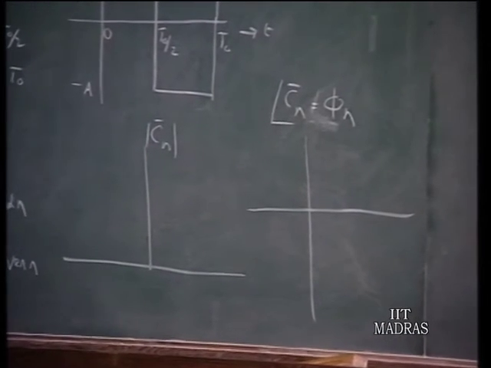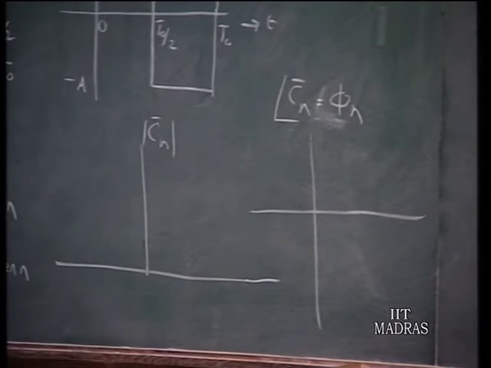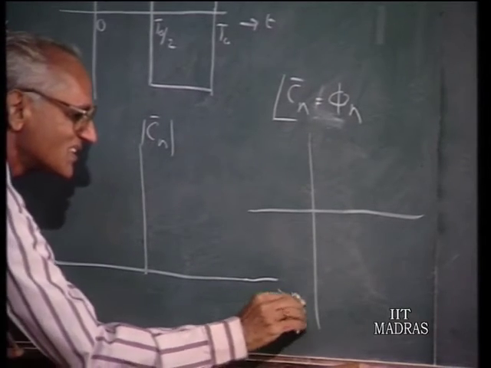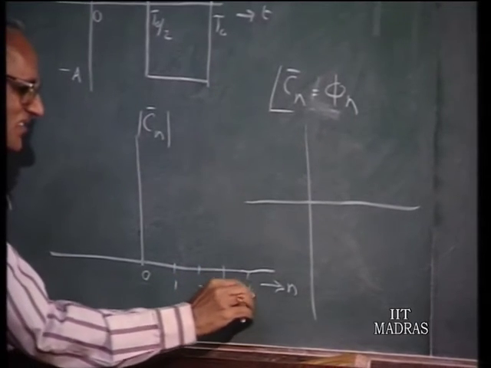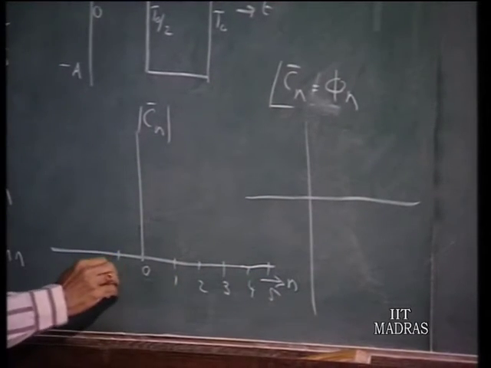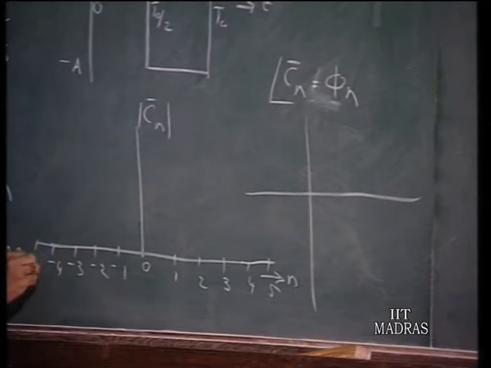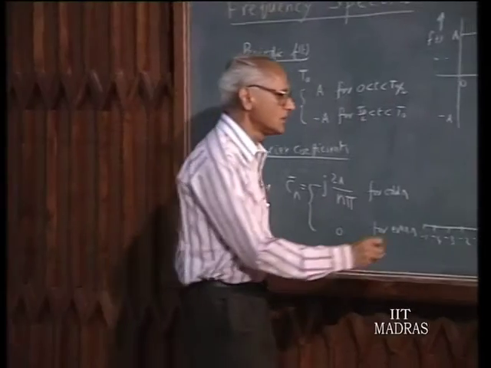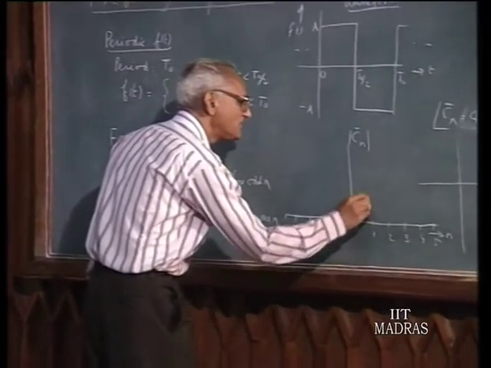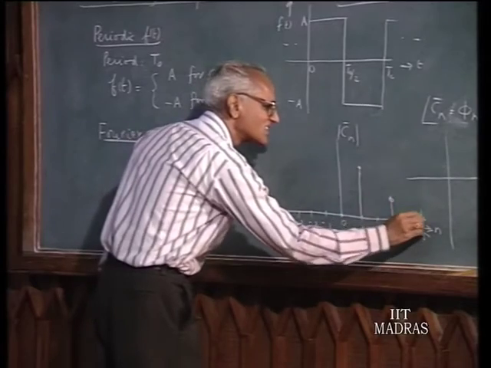So in this case, we can graduate the x-axis in terms of n or omega naught. Suppose you do it in terms of n: 0, 1, 2, 3, 4, 5, etc., and on the negative side minus 1, minus 2, minus 3, minus 4, minus 5, etc. So when you plot the magnitude of Cn, there is no DC term, there is one component here, another component here, a third component here.